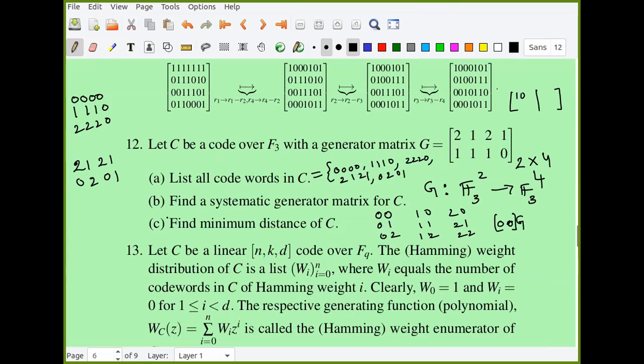That is 2 0. This is multiplied by 1 and we add 2 multiplied by, this is multiplied by 2 and adding, right? 2 plus 2 is 4, so 1. So 1 0 1 1. Now I'm going to 2 0. 2 0 means we multiply the first vector by 2 and the second by 0 and add them. It is just linear combinations.